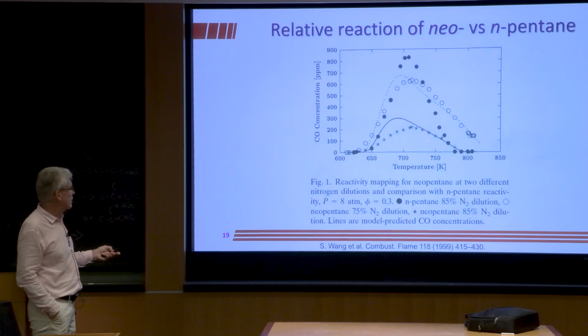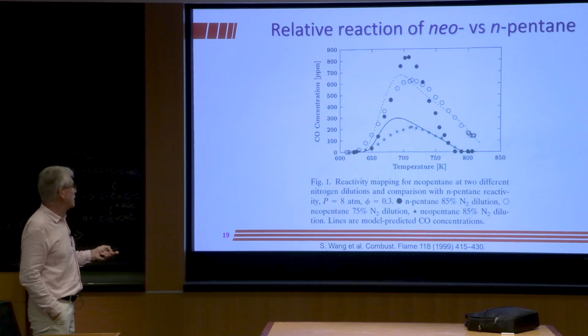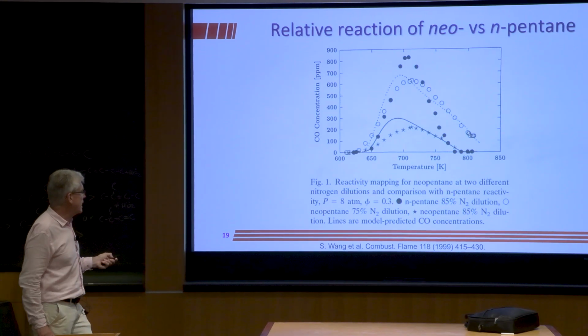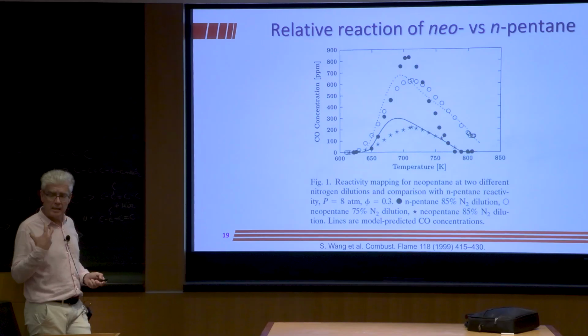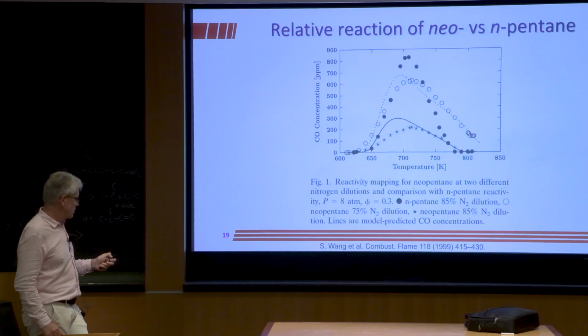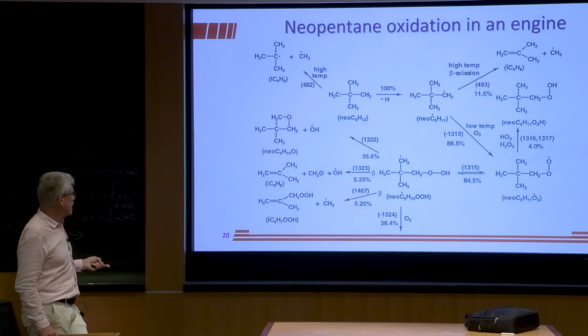I think actually it's here that I did the analysis, down here. So what it's saying is that even at this point, a lot of the fuel is reacting to RO2 and it's giving you QOH radical. But what happens then?